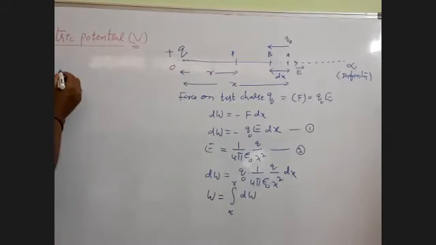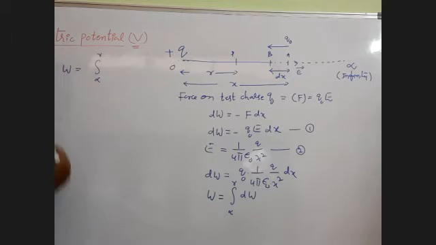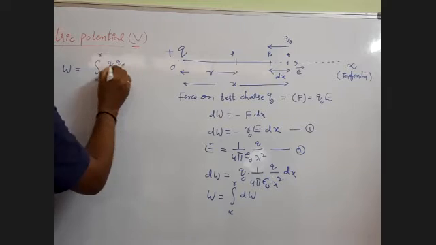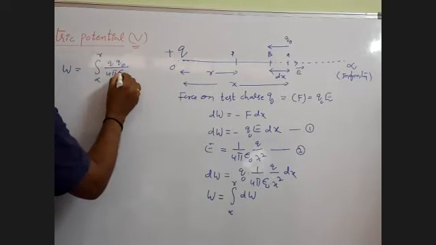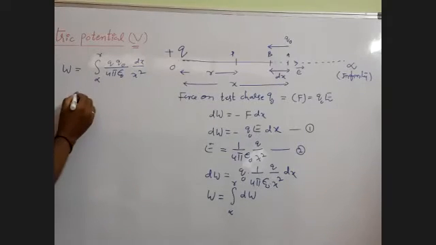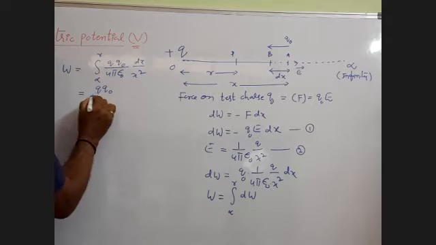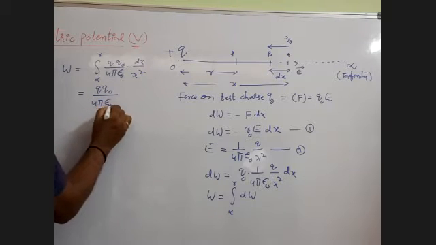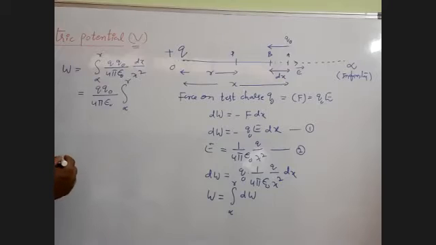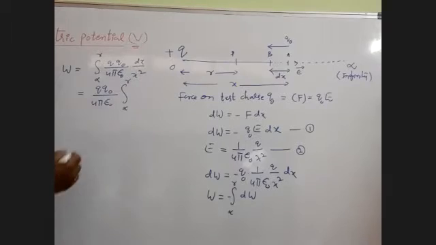What is dW? dW is this one, q naught by 4 pi epsilon naught dx by x squared. So from this you write the constant outside, q naught by 4 pi epsilon naught integral infinity to r. There minus sign is there, you write minus sign.